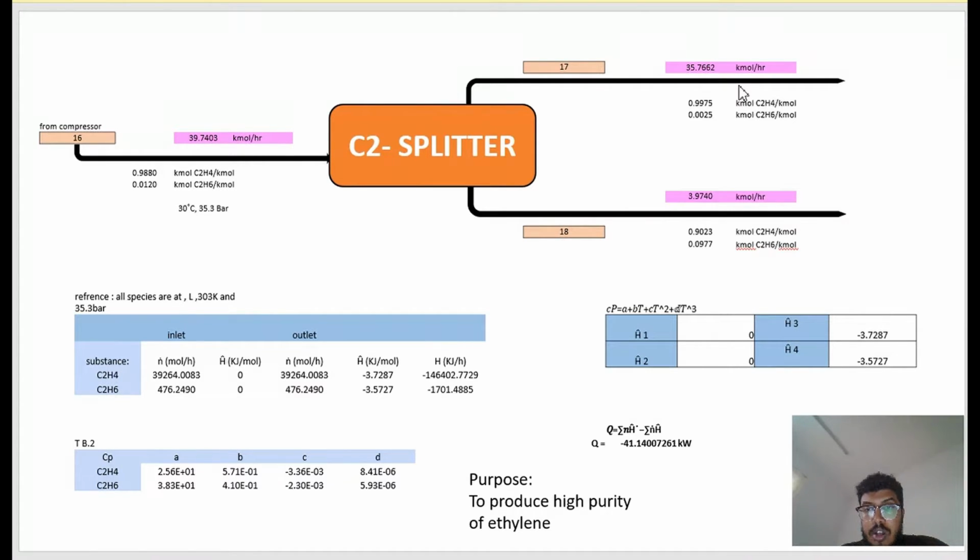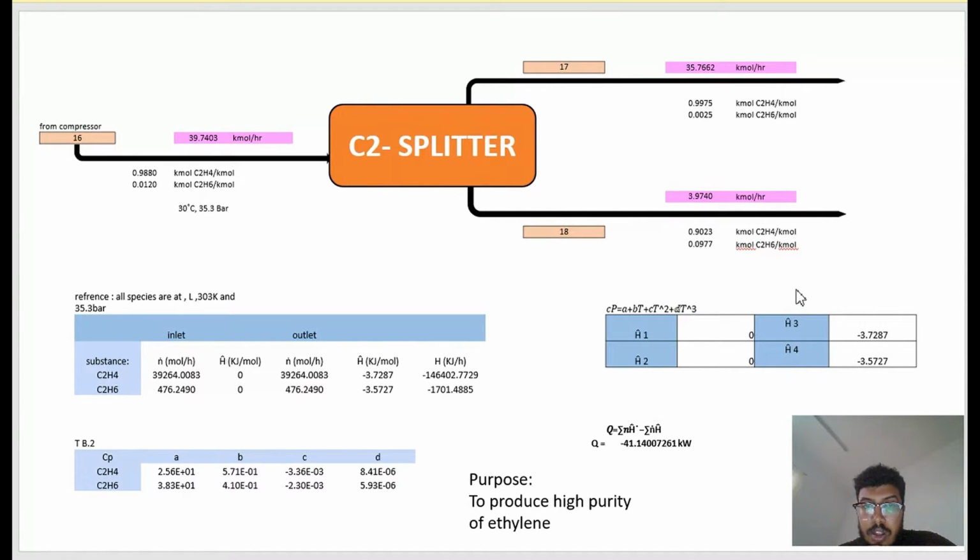So now, to calculate the energy balance, since there is a difference in the temperature, we only have one way to calculate it, which is by the enthalpy, or in other words, to be specific, by the CpdT.